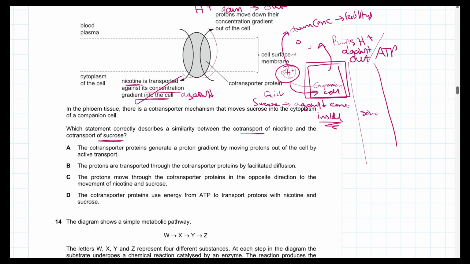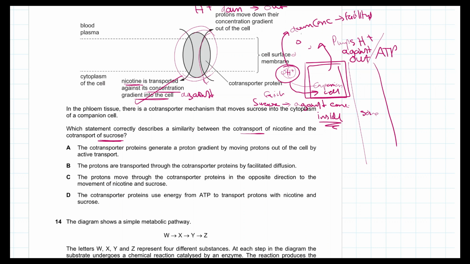As we can see here, this is a process of facilitated diffusion. And another comparison, both hydrogen ions and sucrose go back inside in the same direction, so not in opposite directions as we could see here. So that's another difference.